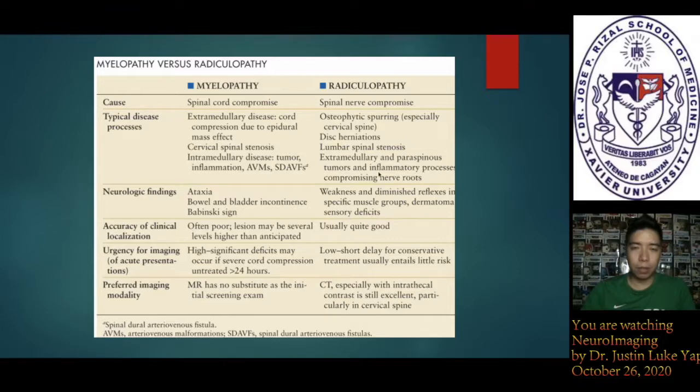Basically, we see radiculopathy more often, and the preferred imaging modality in this case is CT scan because we can see most of these pathologies easily. For myelopathy, we really need to do MRI because we have to look at the signal of the spinal cord, and we cannot appreciate that well on CT scan.